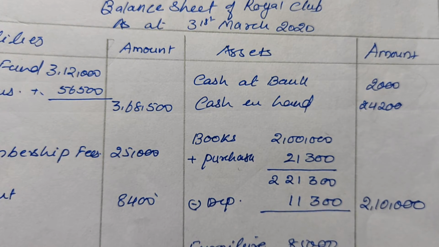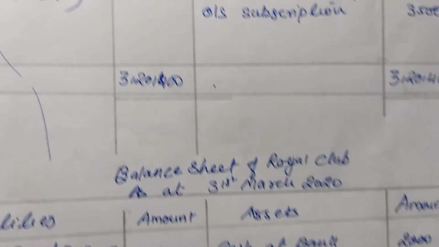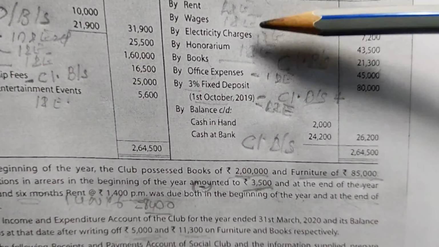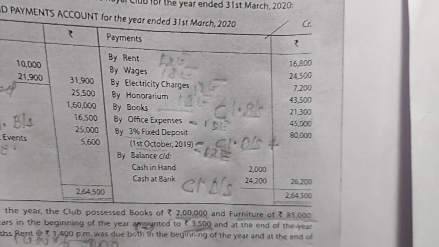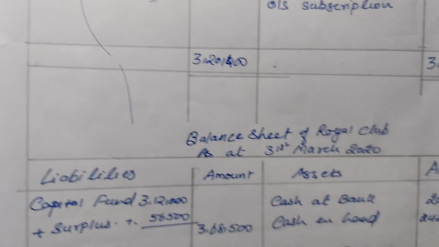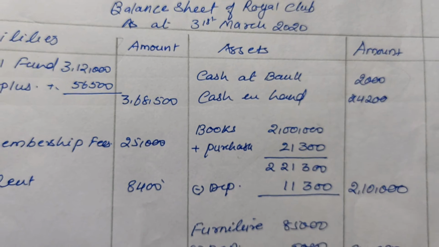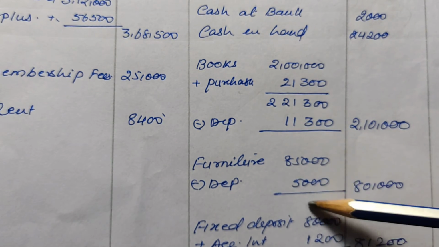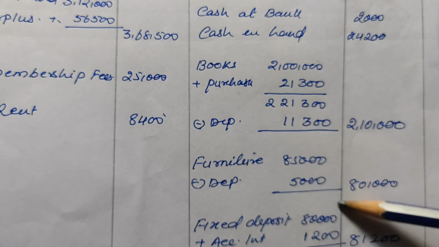Okay, now let's see the next asset given in the opening balance sheet. What is the next asset here? Furniture. Let's see whether any furniture is purchased here. No furniture is purchased, so directly we will deduct the depreciation. So what is our figure here? 85,000 minus 5,000, 80,000.